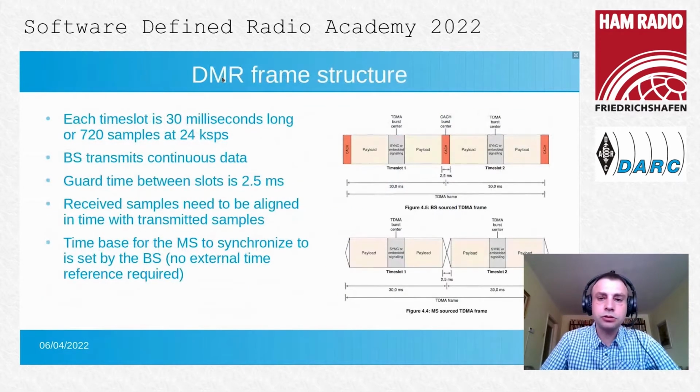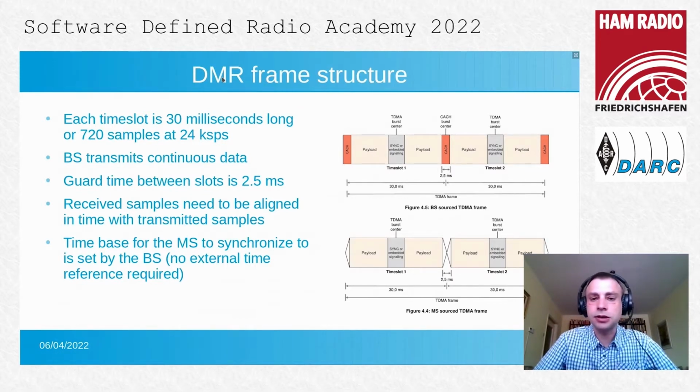In order to understand the digital mobile radio standard, this slide introduces the DMR frame structure. As you can see in the images on the right side, the base station sourced TDMA frame is comprised of two alternating time slots.